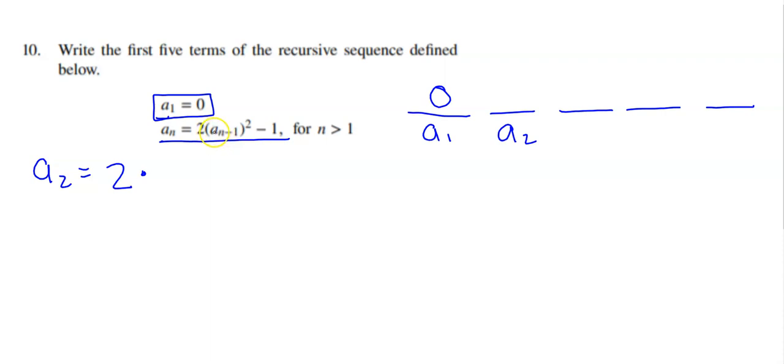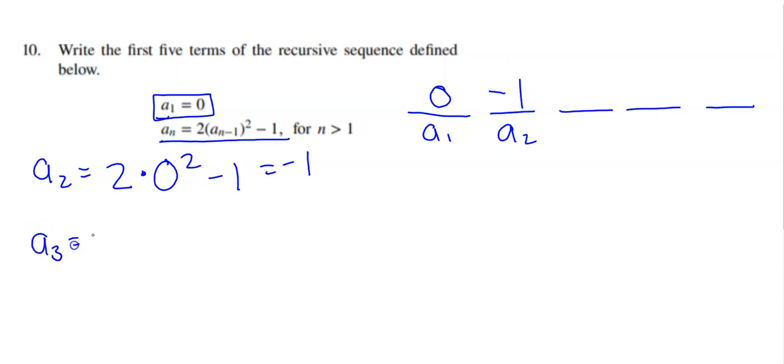If I want to find a sub 2, then I need to plug in a sub 1 for the value just to the left of it. So it's going to be 2 times 0, squared, and then subtract 1. That turns into 2 times 0 minus 1, which is equal to negative 1. So the second term of my sequence is equal to negative 1.